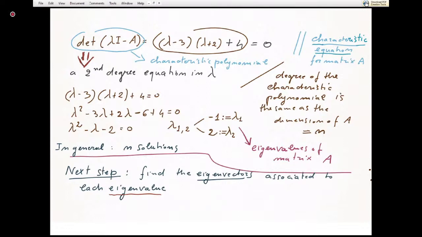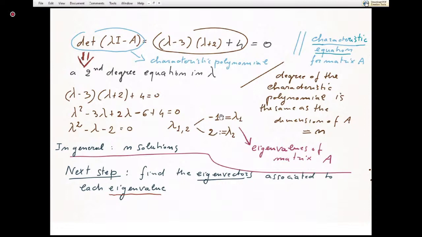In fact, there are two eigenvalues, minus 1 and 2. In general, if it is an nth degree polynomial, we may have n solutions, okay?